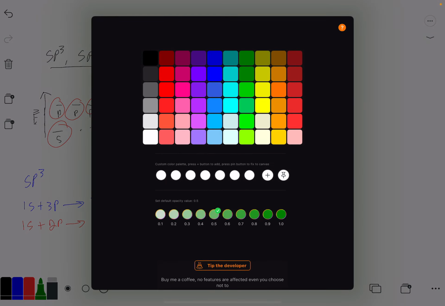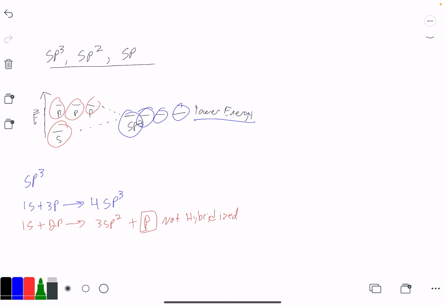And then finally, we have 1 s plus 1 p orbital gives you 1 sp orbital plus 2 p orbitals. Two p orbitals. There we go. Okay.